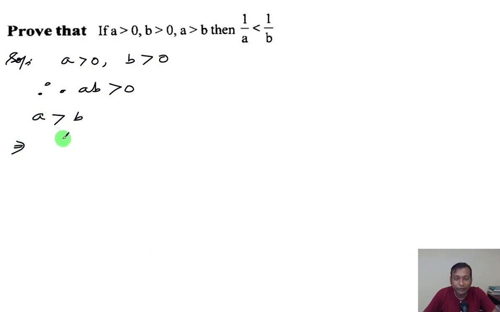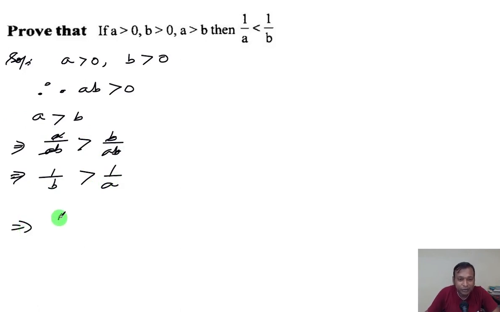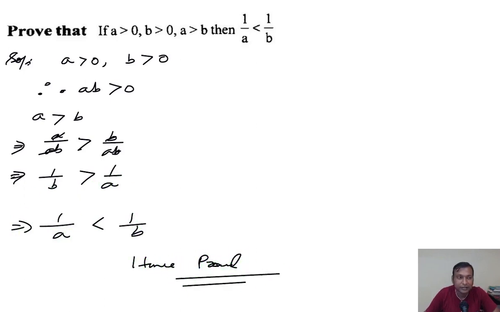So we have one property: if we divide the inequalities by positive numbers, the sign of inequalities does not change. So here this a and a cancel, and this b and b is cancelled. So 1 by b is greater than 1 by a. This can be written as 1 by a is less than 1 by b. Hence proved.